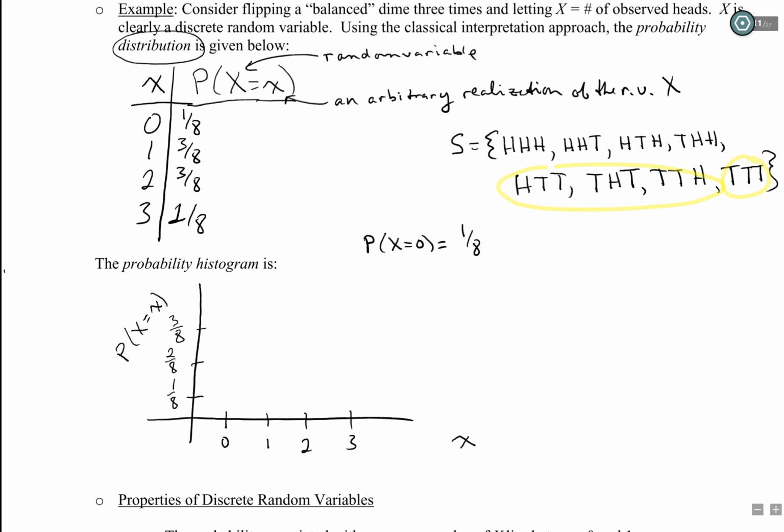When X is 0, the bar has a height of 1/8. When X is 1, the associated probability is 3/8. When X is 2, it is 3/8. And when X is 3, it is 1/8.